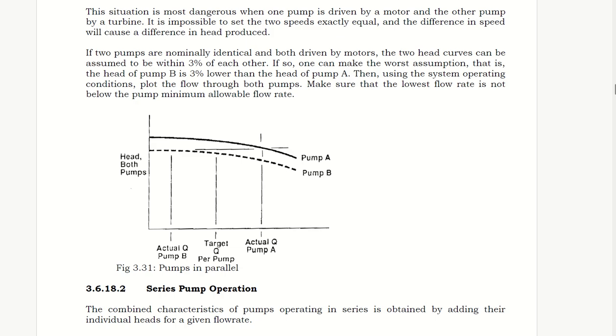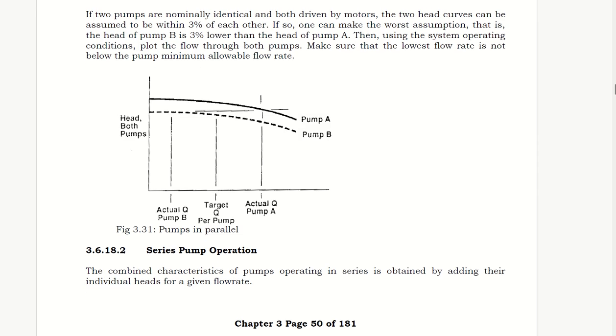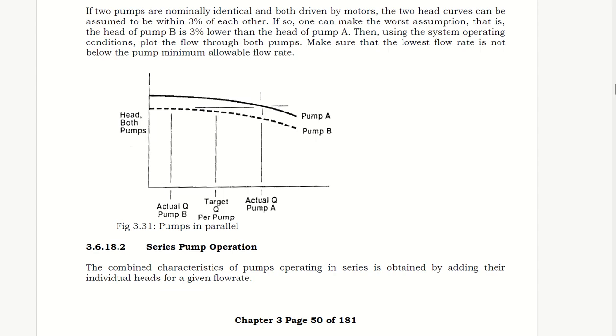What it means is that in no condition should pump B be at a lower flow rate than defined by the vendor, because that can damage the pump, and it's more on the left-hand side, which you don't want, which is closer to the shut-off head pressure. So 3% is the ideal condition where the two head-flow differences can occur. So hope this is clear.